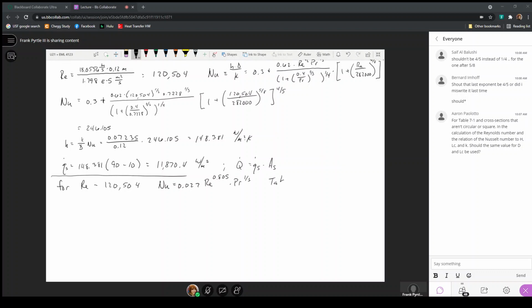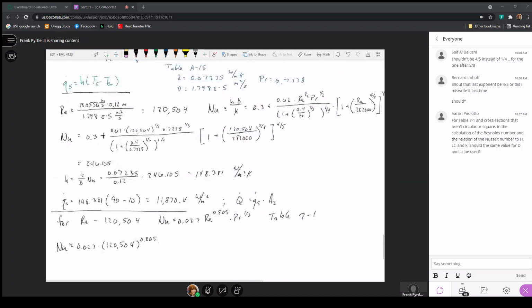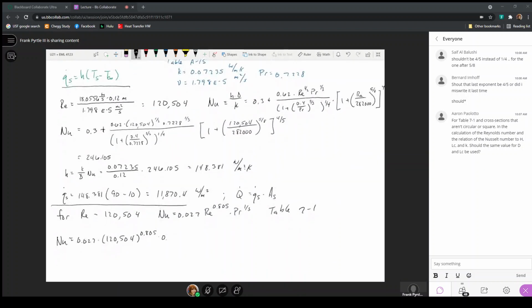This is again from table 7-1. So here, the Nusselt number is 0.027 times 120,504 to the 0.805 times the Prandtl number, which here was 0.728, raised to the 1/3.